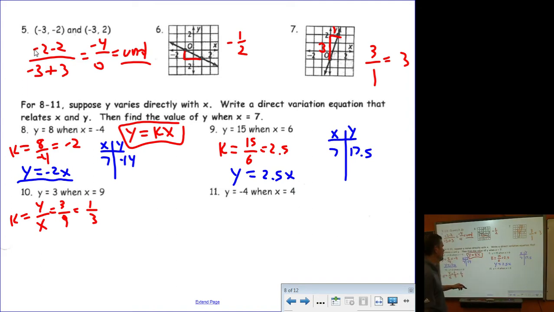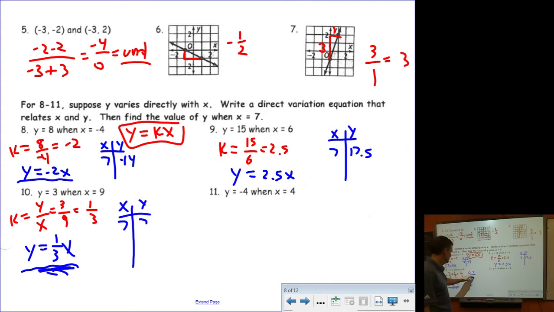So my equation then would be y equals k times x. There's my equation. And when x is equal to 7, y would be equal to 1/3 times 7, which is 7/3.